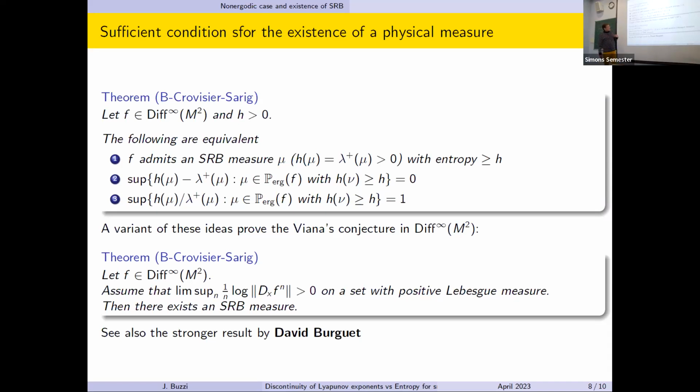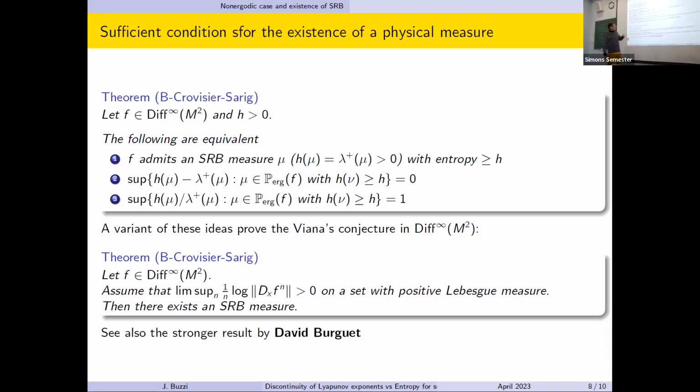It's here that absolute continuity along the unstable manifold is equivalent to the fact that the dimension is 1. And the dimension, by the Ledrappier-Young formula or some relative of it, is given by the ratio between the entropy and the Lyapunov exponent.